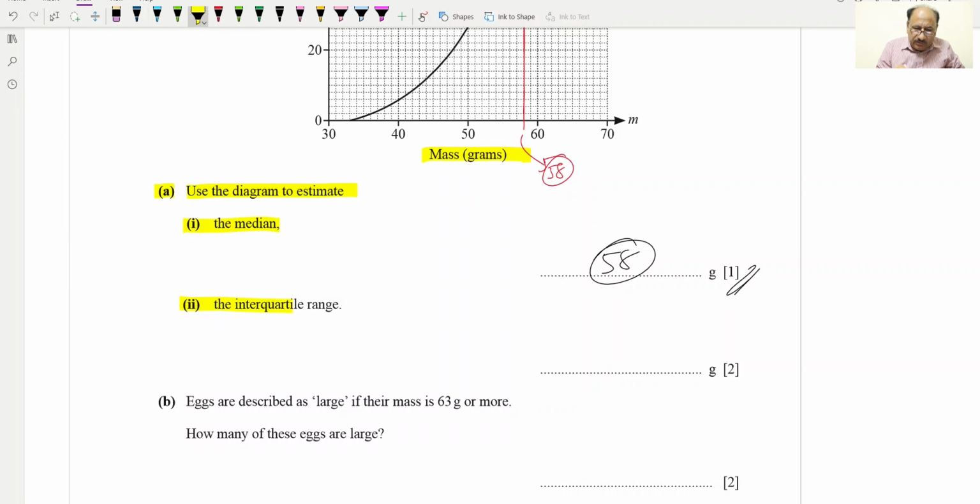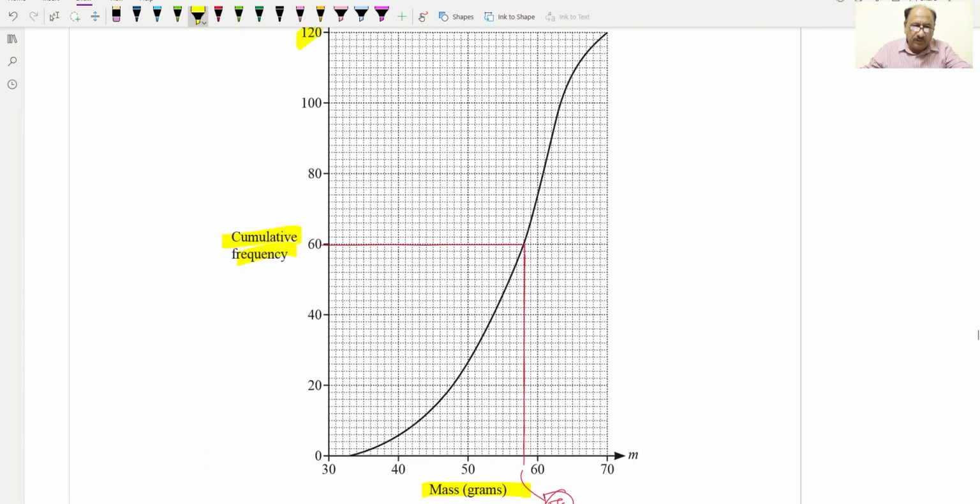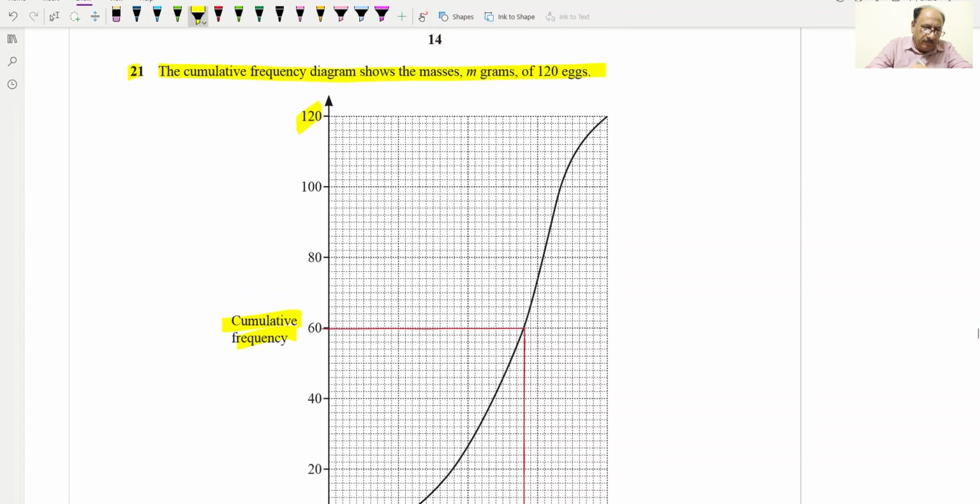Then the second part, they're saying interquartile range. Interquartile range is basically upper quartile minus lower quartile. To calculate the upper quartile, we will be calculating 75th percentile, and 75th percentile of 120 will be what? 0 will be cancelled, and 25 threes are, 25 fours are, and 4 threes are 0, and this will be 90.